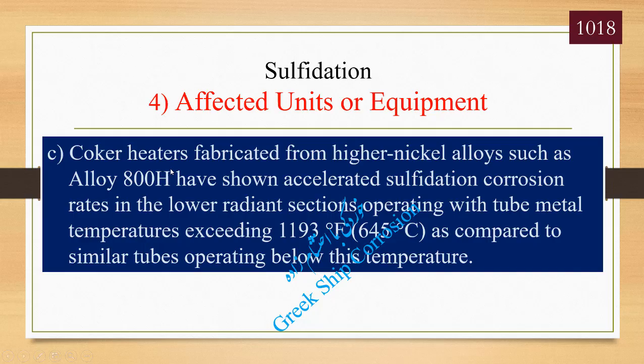C. Coker heaters fabricated from high nickel alloys such as alloy 800H have shown accelerated sulfidation corrosion rates in the lower radiant sections operating with tube metal temperatures exceeding 1193 degrees Fahrenheit as compared to similar tubes operating below this temperature.